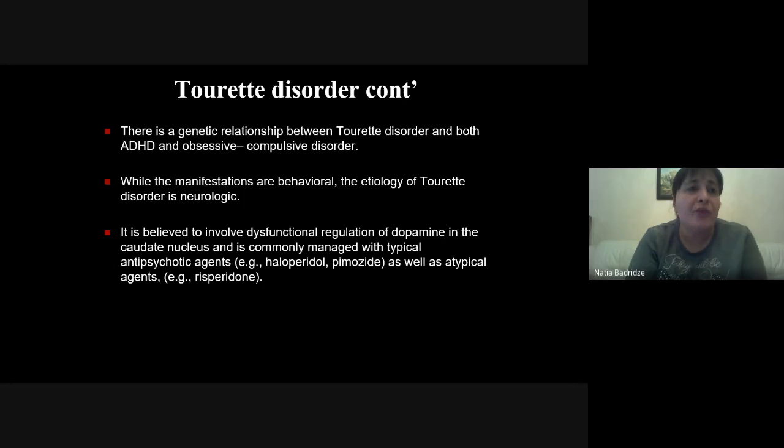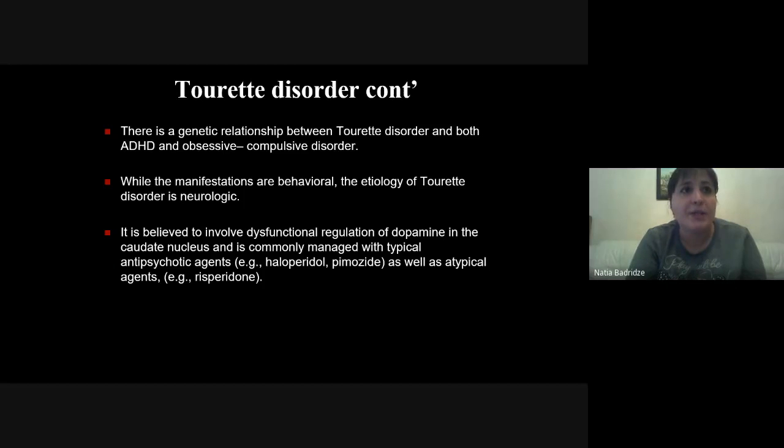And because of that, antipsychotics are prescribed for Tourette disorder. These antipsychotics are really very helpful to manage these tics, like haloperidol or pimozide. These are first generation antipsychotics which are applied to treat Tourette disorder, as well as atypical agents like risperidone.